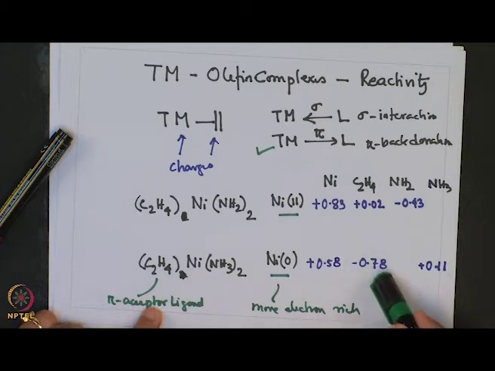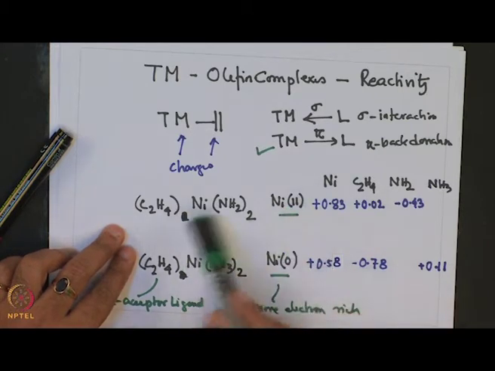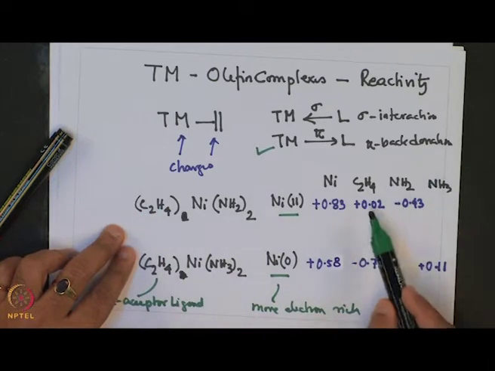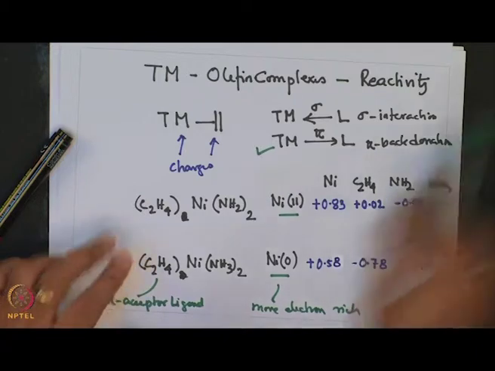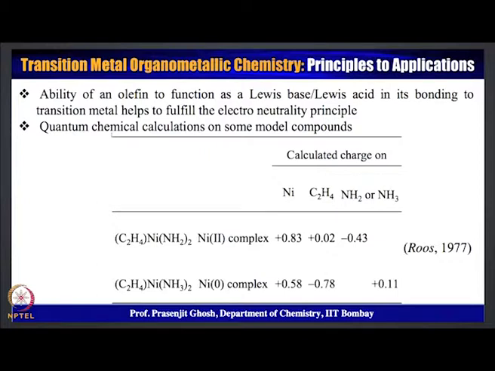As a result, the alkene moiety in the nickel 0 complex is more negatively charged at -0.78, whereas in the case of nickel 2 the metal center is less electron rich. As a result, nickel to alkene back donation does not occur much, and hence that alkene is no longer negative, and it is slightly positively charged. Probably in that case the back donation is almost negligible or does not occur at all.